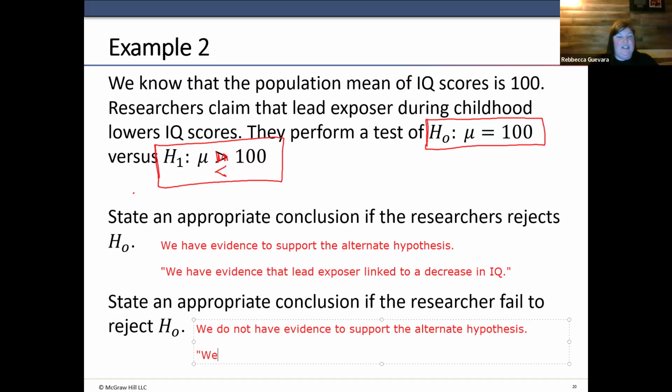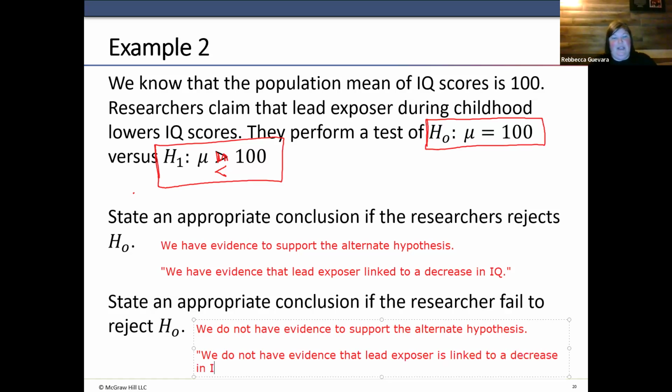Or another way we say this is that we do not have evidence that lead exposure is linked to a decrease in IQ.